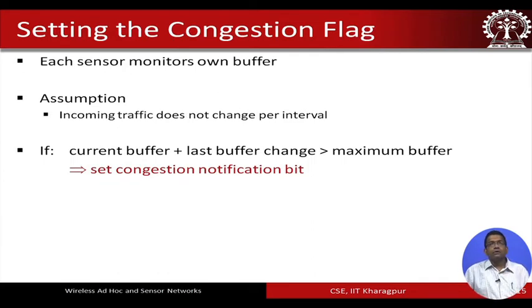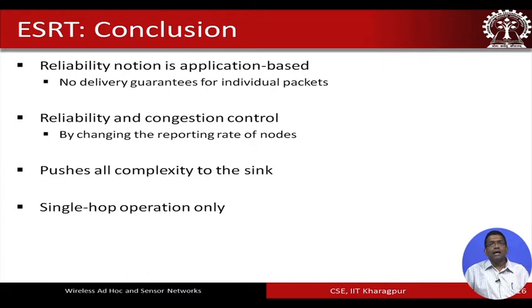So, we will skip this, and these are some concluding remarks about ESRT. The reliability notion that is prescribed in ESRT is application specific, and there is no delivery guarantee for individual packets.